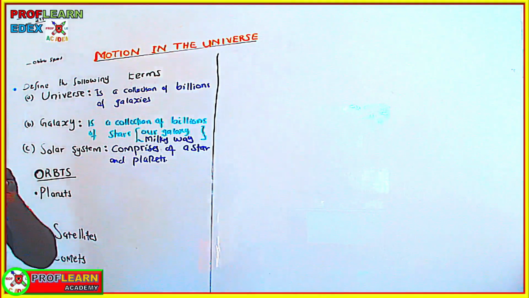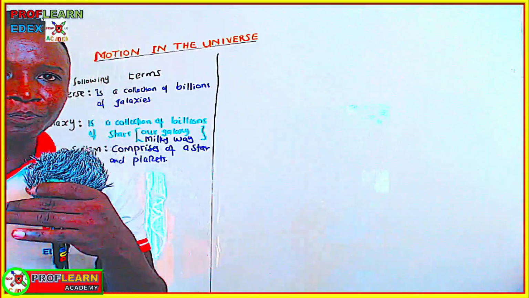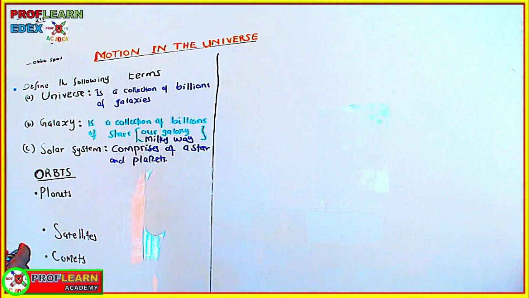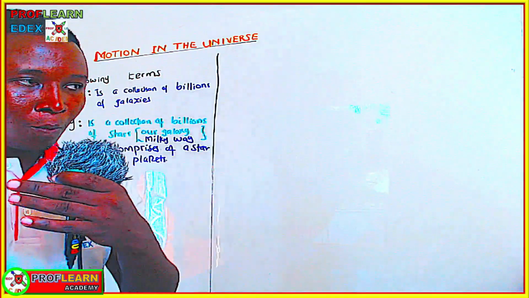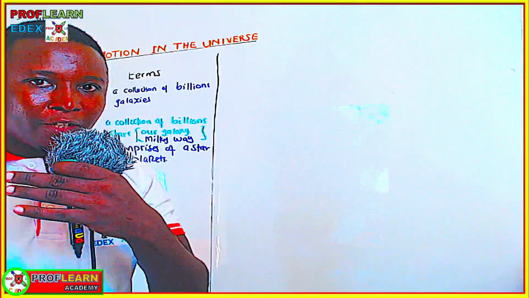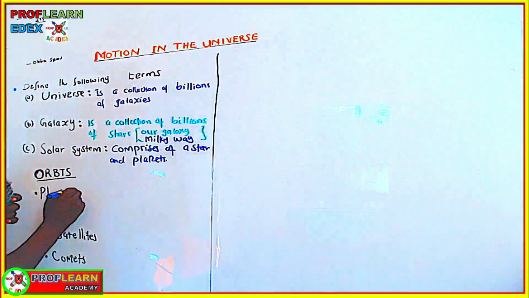Now, after understanding those terms, you may be expected to talk about orbits. Remember, an orbit is a path that a celestial body follows as it moves around. So we'll talk about orbits.